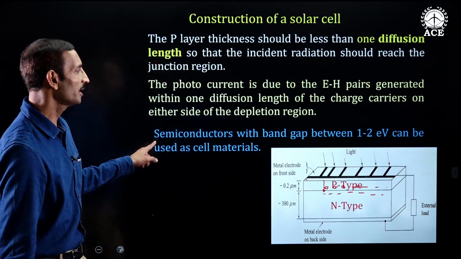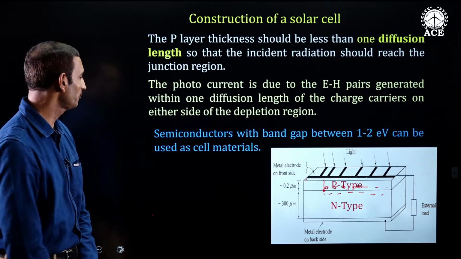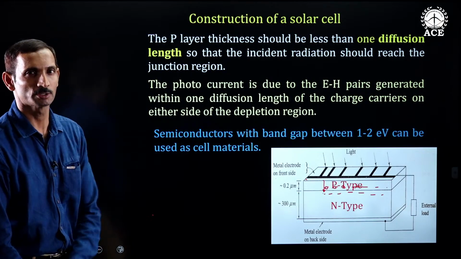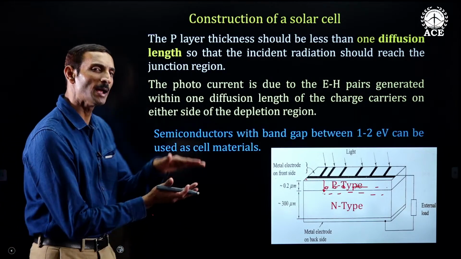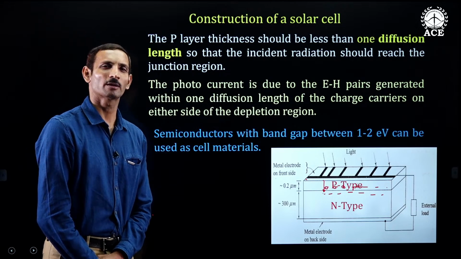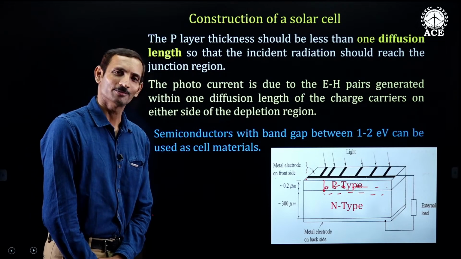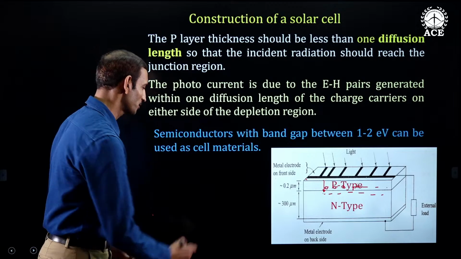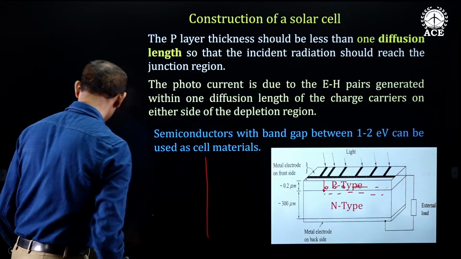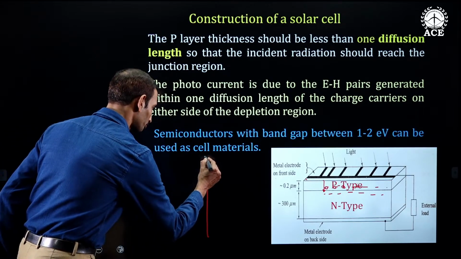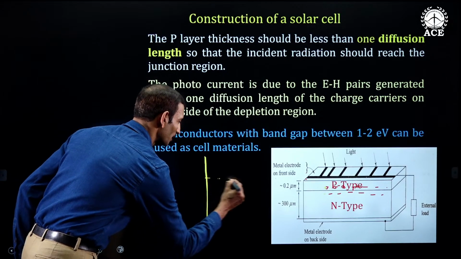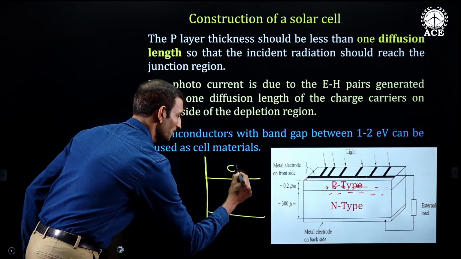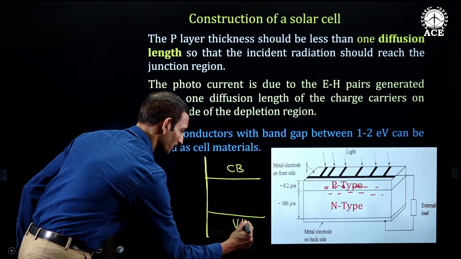Right. Semiconductors with band gap of 1 to 2 eV are used as cell materials. Why? If the band gap is high, we require high photon energy. How can we say so? Suppose when you draw the energy level structure, CB and VB are here.